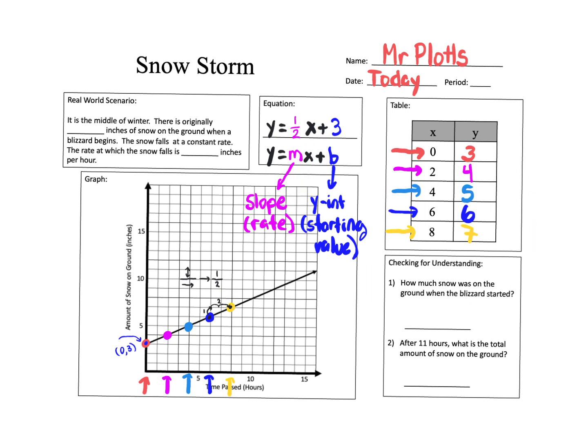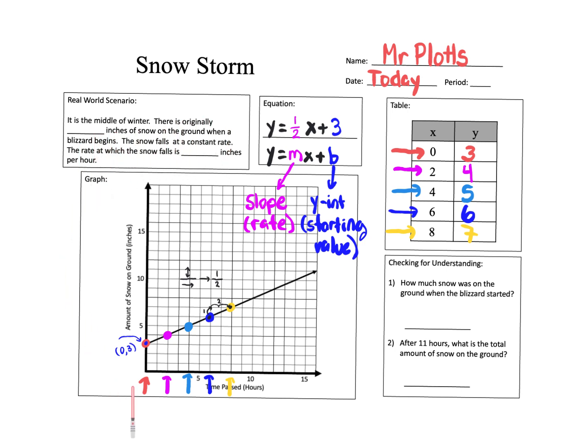Our last order of business is to start looking at all of these real world scenarios and answering the questions. So let's take a look. It says, it is the middle of winter. There is originally blank inches of snow on the ground when the blizzard begins.